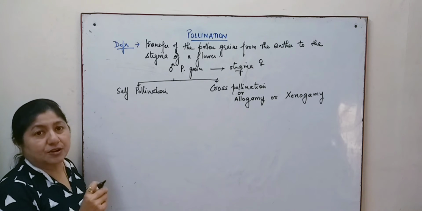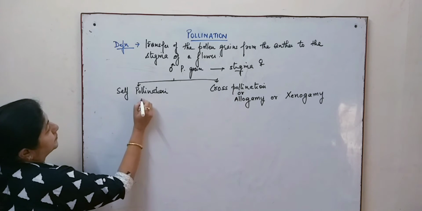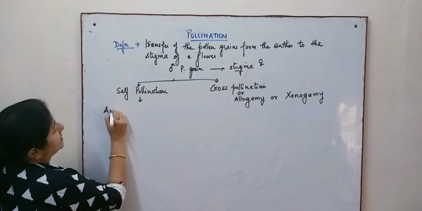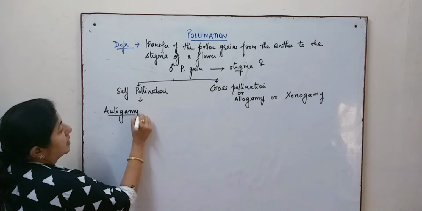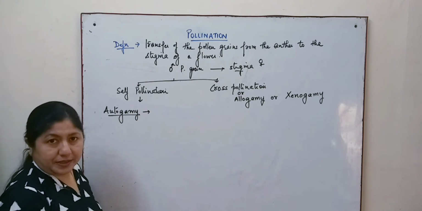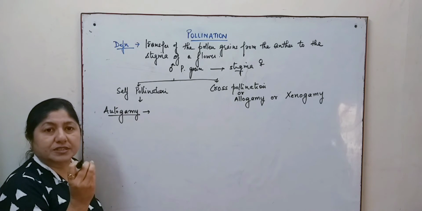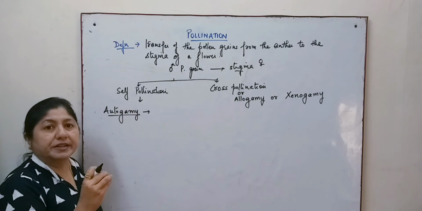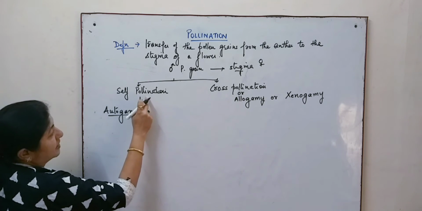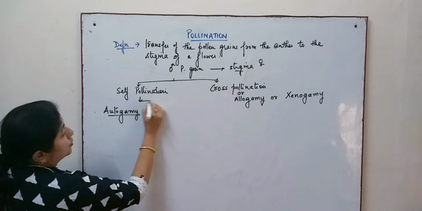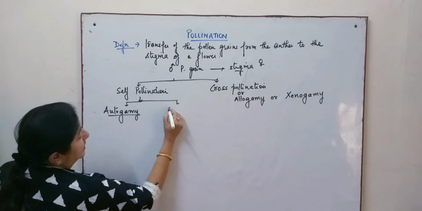This is the case of self-pollination, or we call it autogamy. So we divide this self-pollination again into two types, autogamy and geitonogamy.